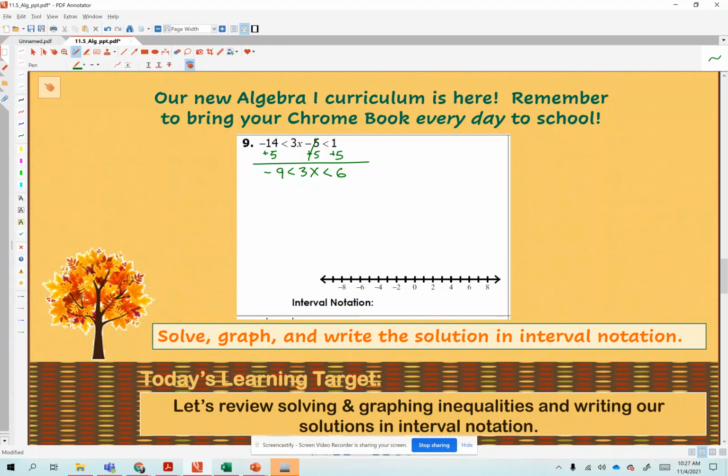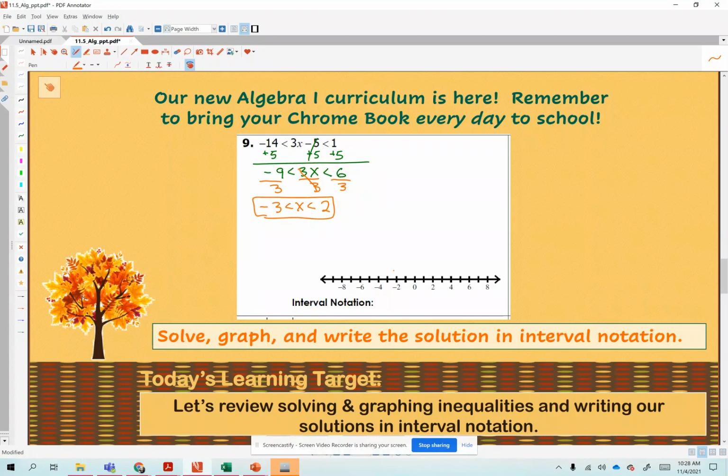And now we will divide everything by 3 so that we can isolate x, which will give us negative 3 is less than x, and x is less than 2 as a final answer.